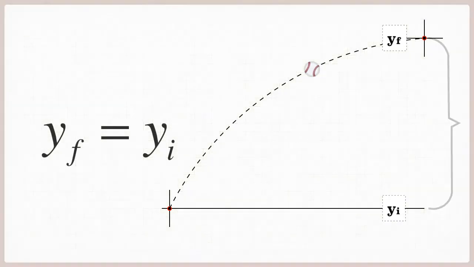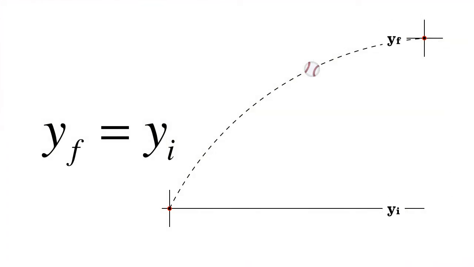We start with the initial y coordinate, and if you don't do anything, if you don't throw the ball, if there's no gravity, that's all you've got. It's just sitting there in your pocket or in your mitt, in your gear bag. You get to the field and you're just waiting for the drone guy to come.